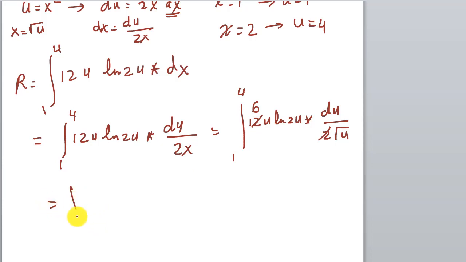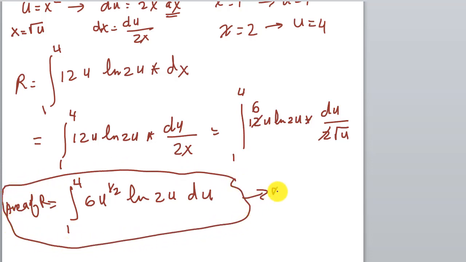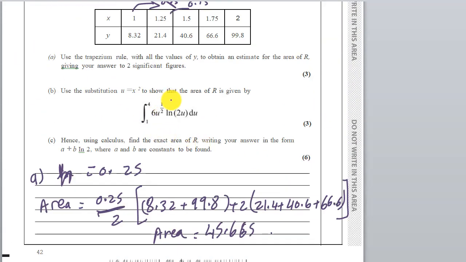So it's equal to, from 1 to 4, 6u divided by square root of u, equal to u power half, ln 2u du. And this is the area of R. And this is the exact expression that you were asked about: 6u power half ln 2u du from 1 to 4.